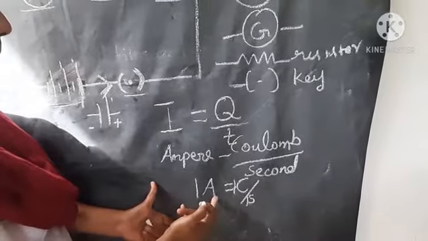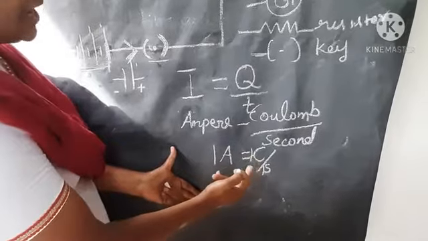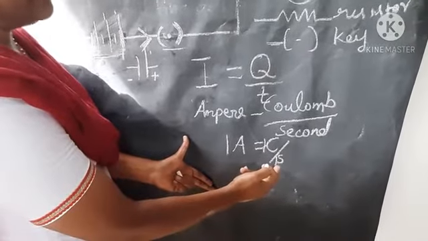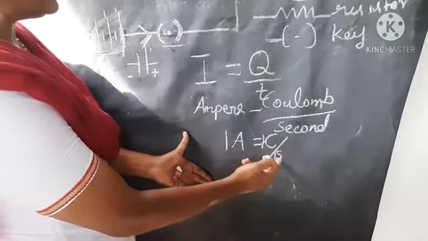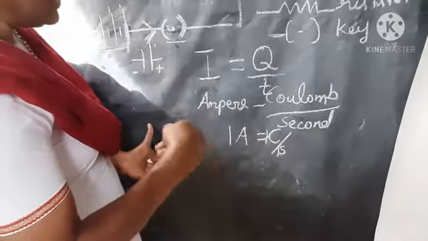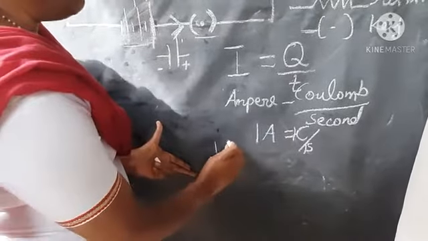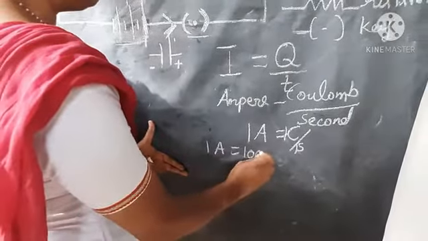So, 1 ampere is constituted as 1 coulomb of charge flows in a particular area in time 1 second. Okay, there are many other units for current. Suppose 1 ampere is equal to 1000 milliampere.